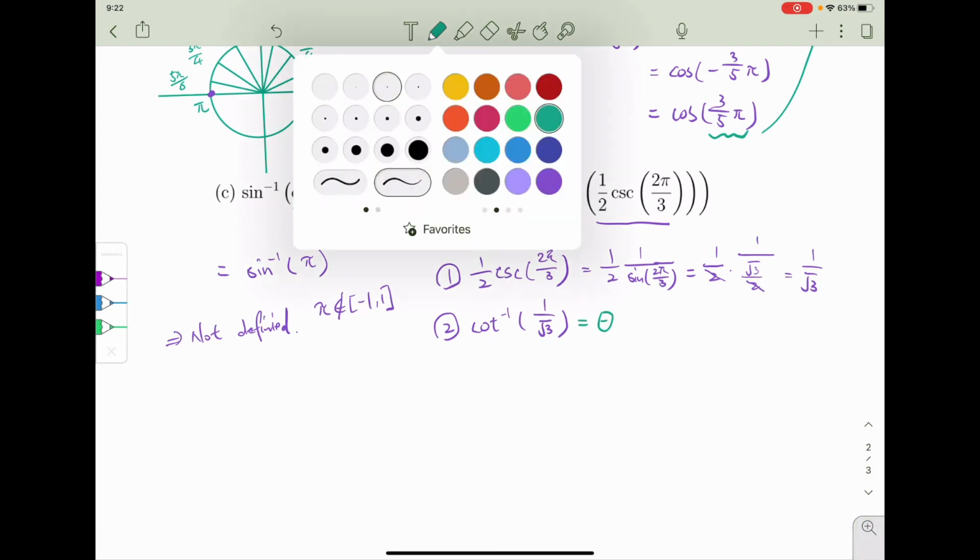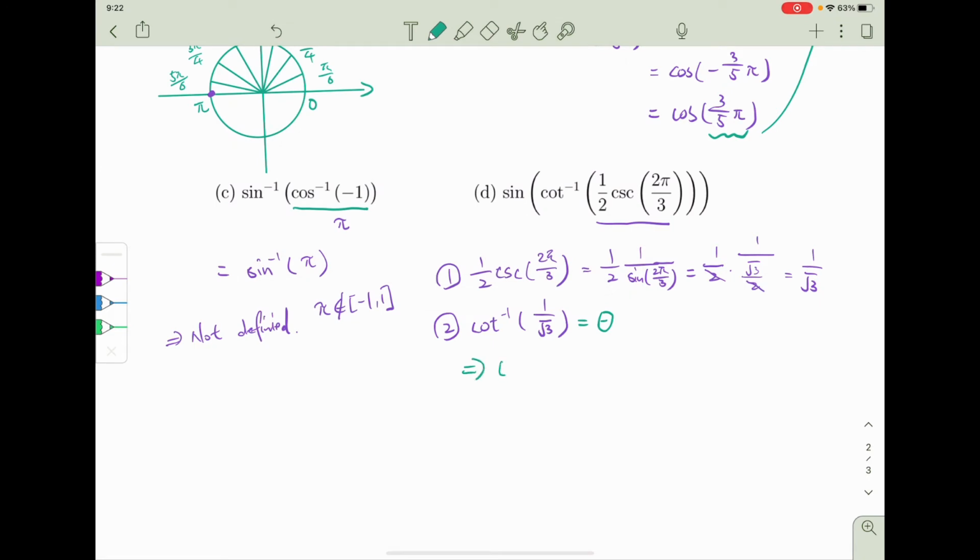So we have our cotangent theta equal to 1 over square root of 3, where theta is from negative pi over 2 to 0, union 0 to pi over 2.